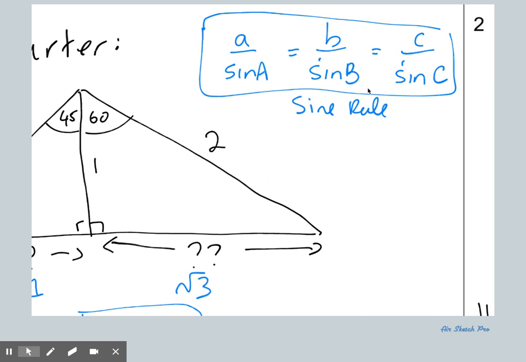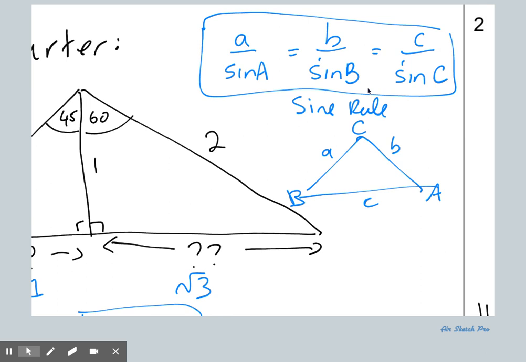Again, look for the picture rather than the letters. So if I've got a triangle and I have an A, B, and C, then the angle opposite that side is big C, big A, and big B. So you can see they're opposite each other.